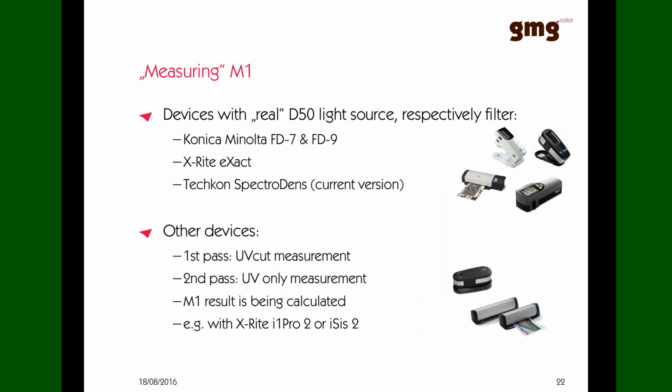When we are talking about measuring M1, there are also differences in how measurement devices handle this. The Konica Minolta FD7, FD9, also the X-Rite Exact, and the Techkon SpectroDens are measuring basically real D50.